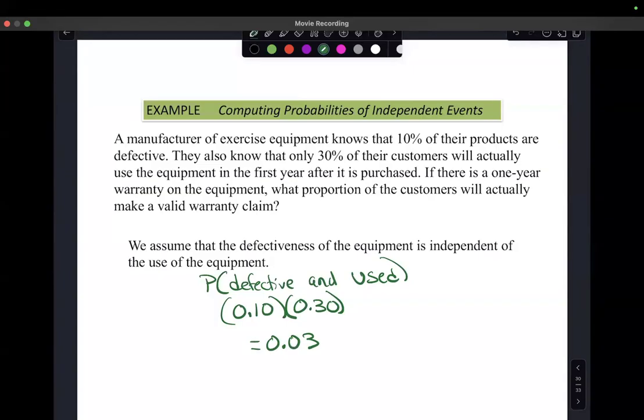So based on what we learned earlier, if something happens less than 5% of the time, it is considered unusual. So this manufacturer most likely is not going to spend money to fix whatever the defect is because it's going to be only about 3% of the time that they're going to make a warranty claim.